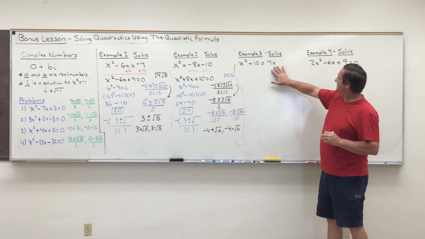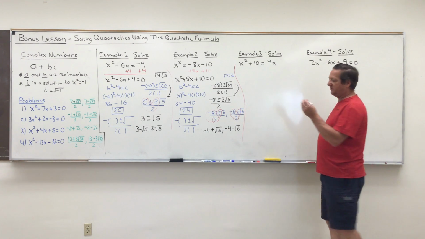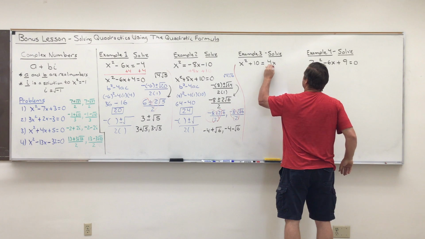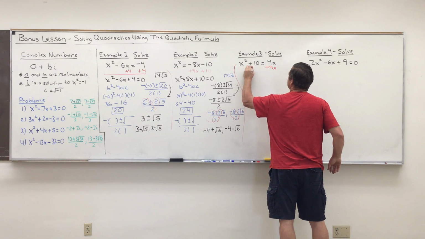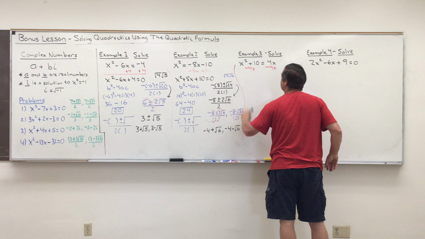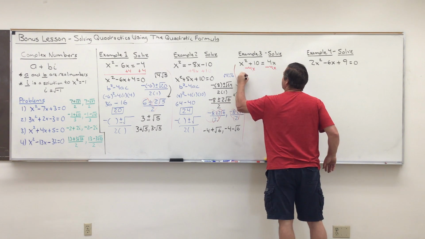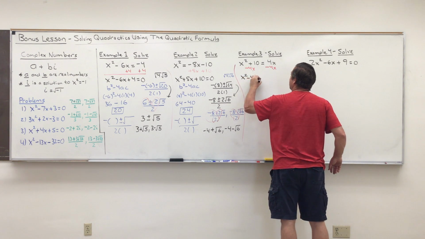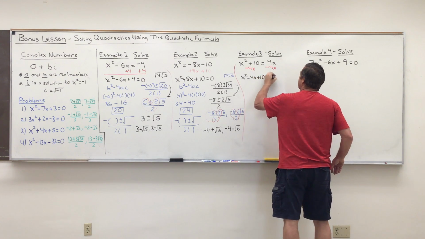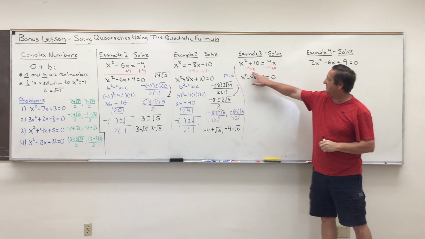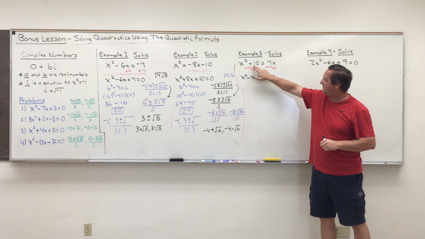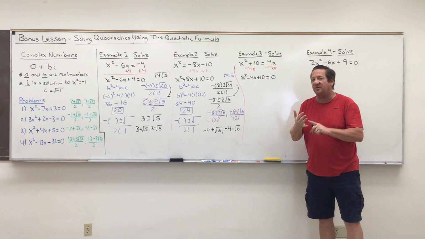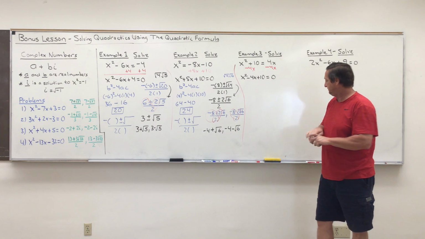Okay, so I have 4x, I'm going to subtract it from both sides. And I have x squared minus 4x plus 10 equals 0. Notice, the 4x doesn't go over here. It goes to the middle. We want ax squared plus bx plus c.